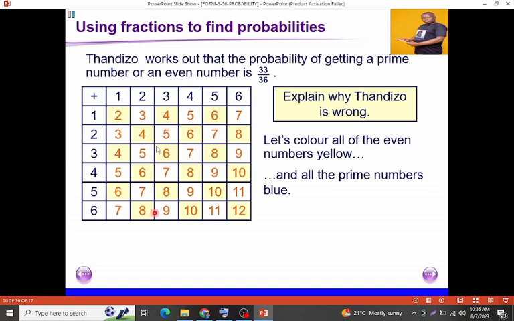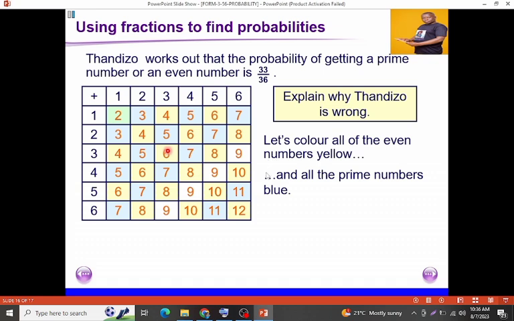And also color all the prime numbers, because Tandizo is working out the probability of getting a prime number. Remember, prime numbers are numbers that do not have any other factors except themselves and 1. While even numbers are those that are divisible by 2 and leave no remainder. In other words, they leave a remainder of 0.